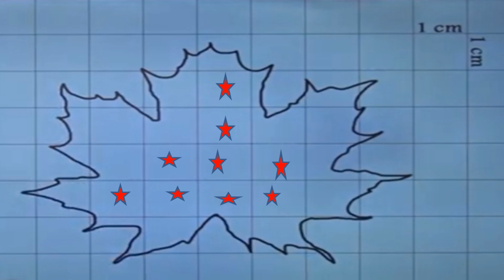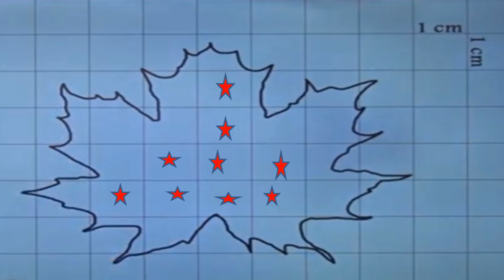And then what should we do? We should count the squares which were covered more than 50%. So now we got 9 squares completely covered.